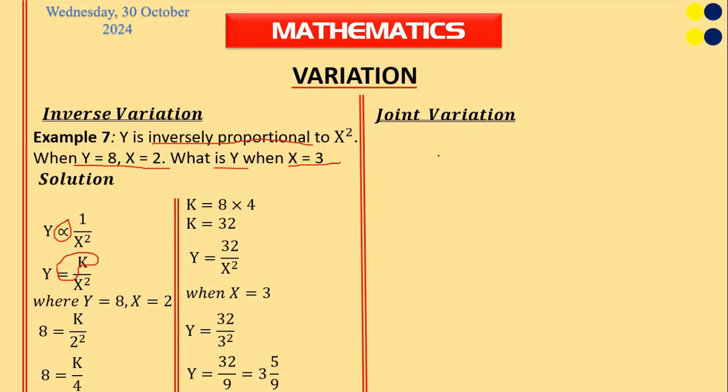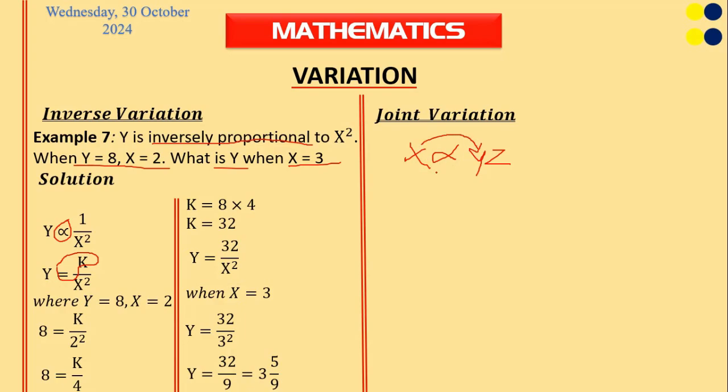In joint variation, we are simply talking about something varying with respect to more than one quantity. It can be two quantities, it can be three quantities. For instance, you will say x varies jointly as y and z.